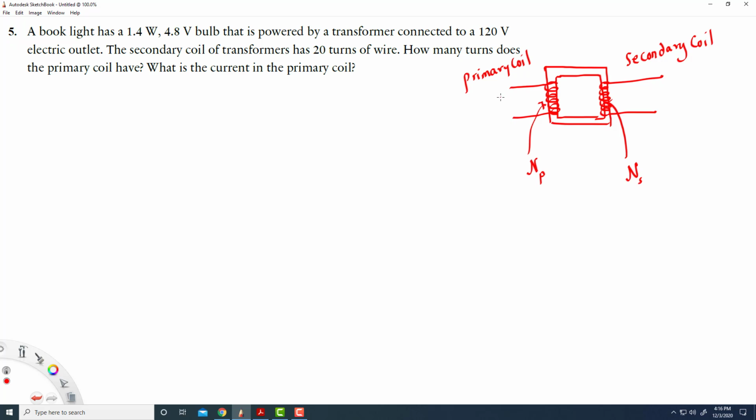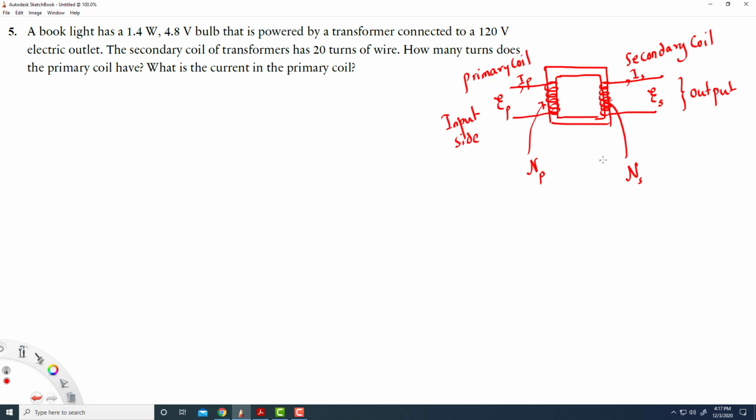The EMF or voltage across this could be represented by EP, E primary, and the voltage across this could be represented by ES or secondary EMF. Then the current in this coil we can write as IP, and current in the output is IS. So we can say this is the output side, this is the input side.